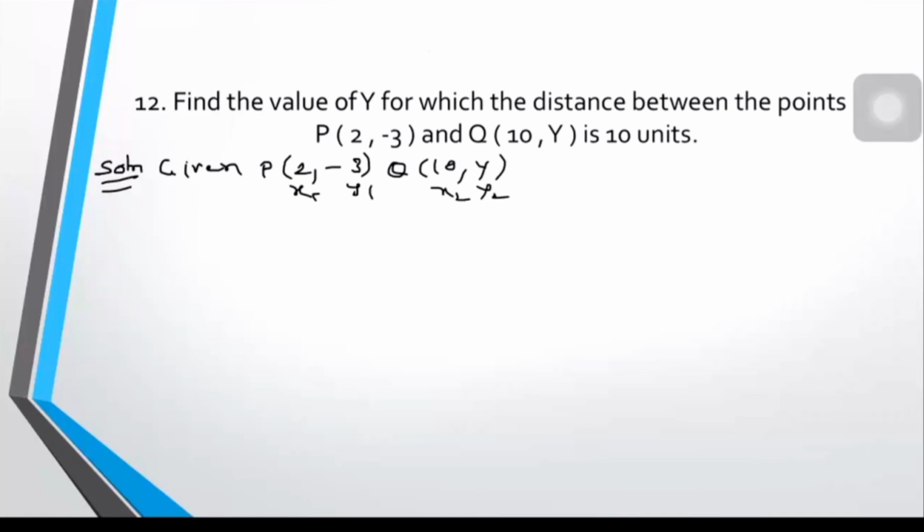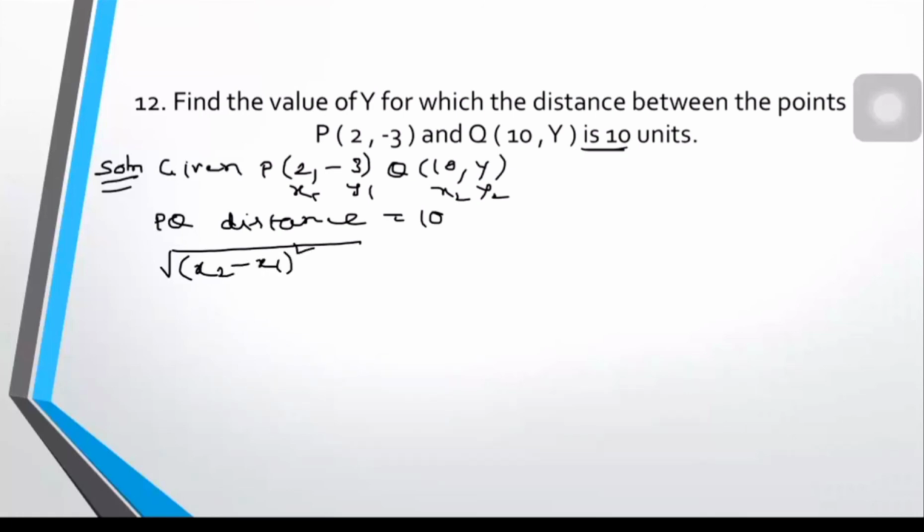Here given the distance between these two points P and Q is 10. So PQ distance is equal to 10. Now apply the distance formula. Distance formula we know: root of (x2 minus x1) whole square plus (y2 minus y1) whole square is equal to 10.